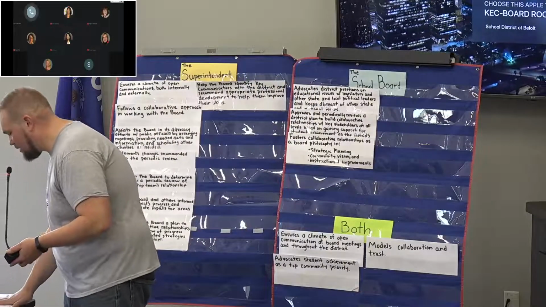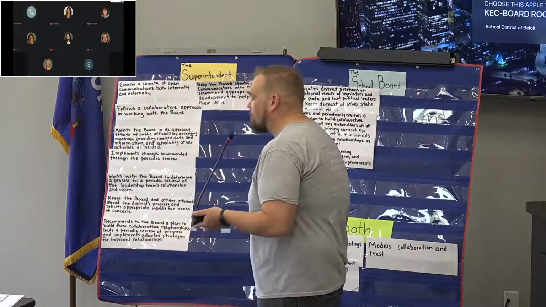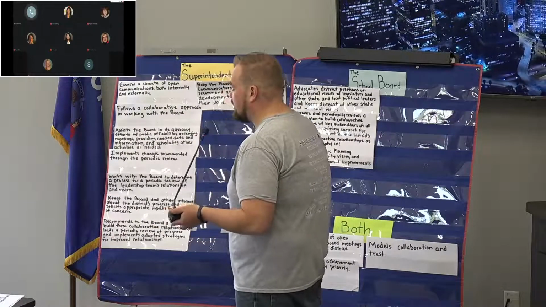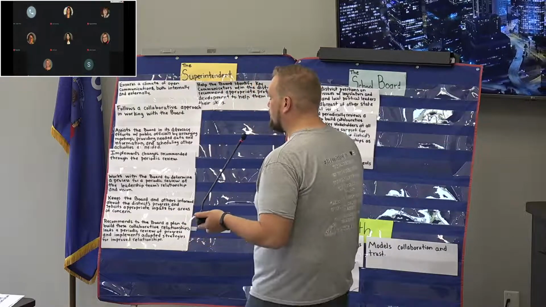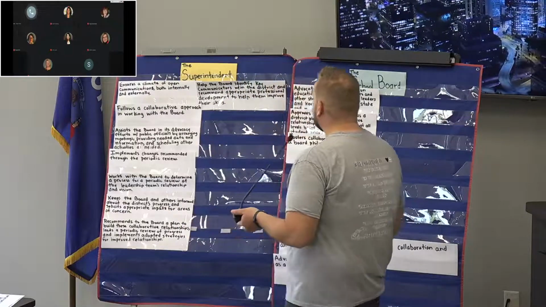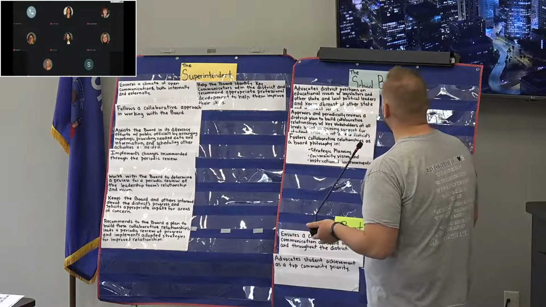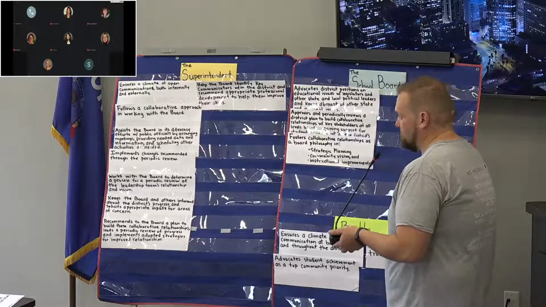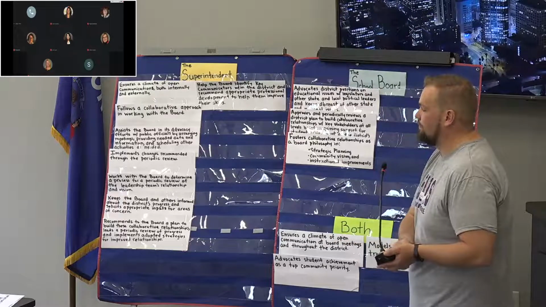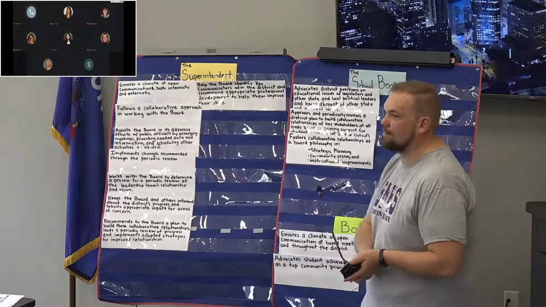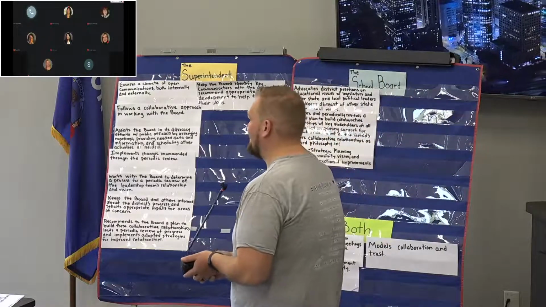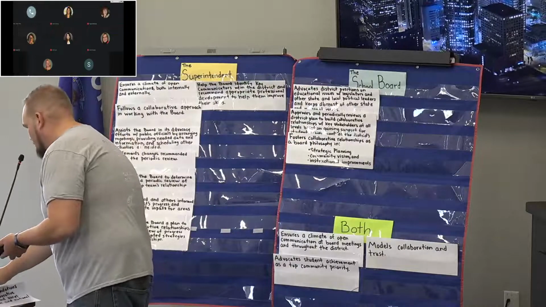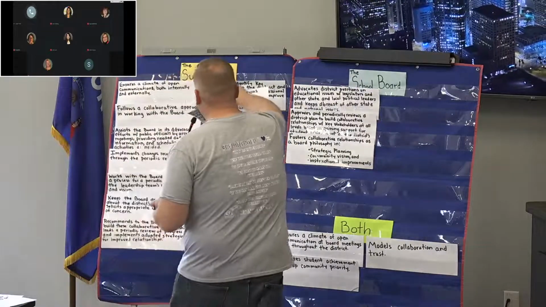We have just a few more. Presents budget recommendations needed to support collaborative efforts and initiatives and keeps abreast of other state and national issues. Superintendent. Okay, that is the superintendent's responsibility, one of their roles.